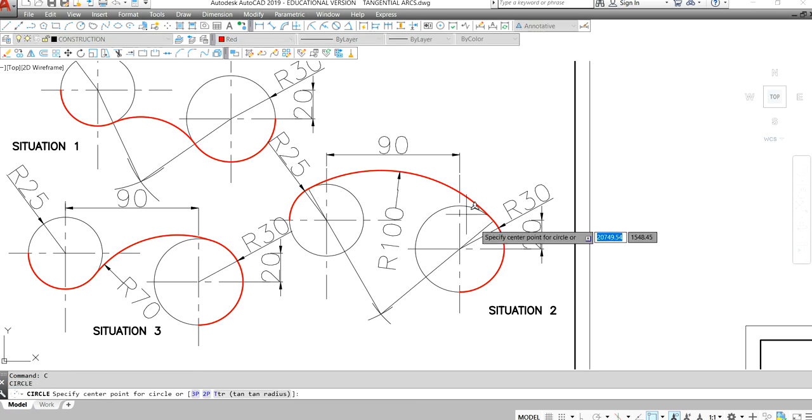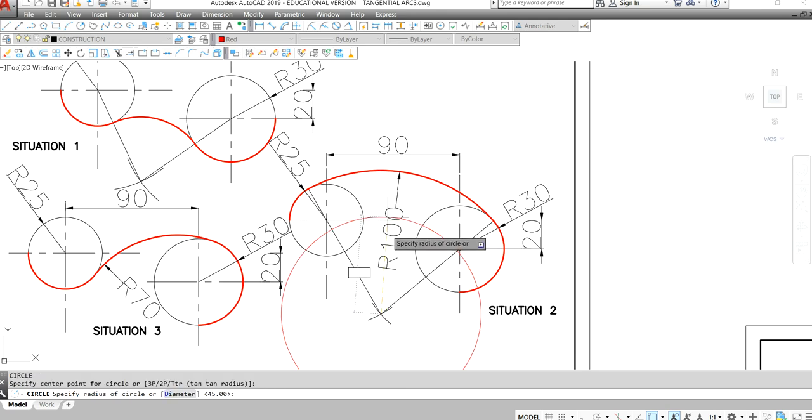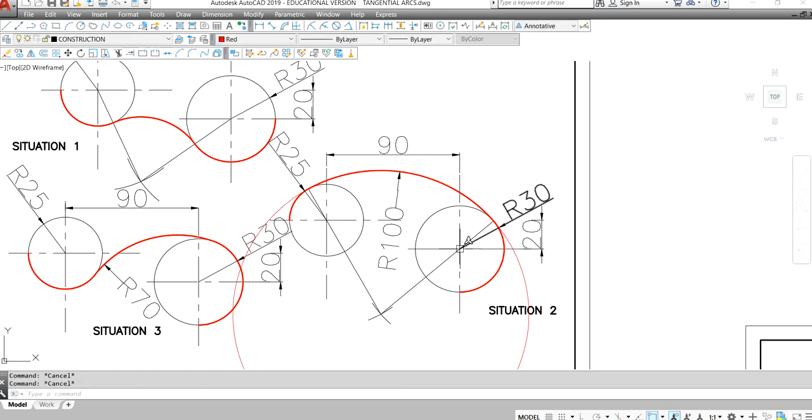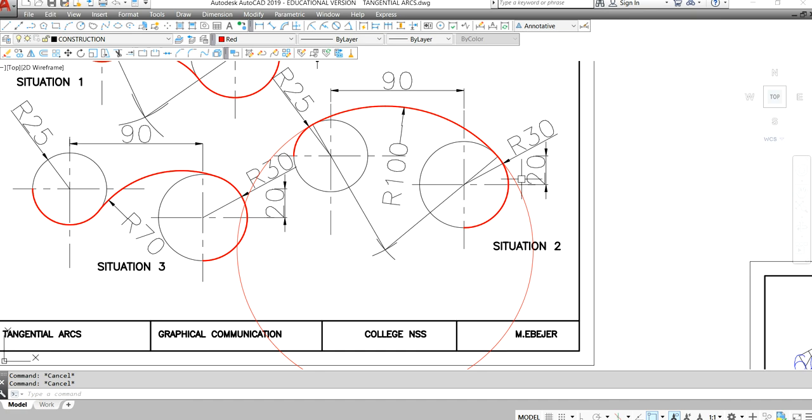If I had to continue the whole circle of 100 to give you an idea, like this you will easily understand. The big circle is 100 and the 25 and the 30 are inside the 100.